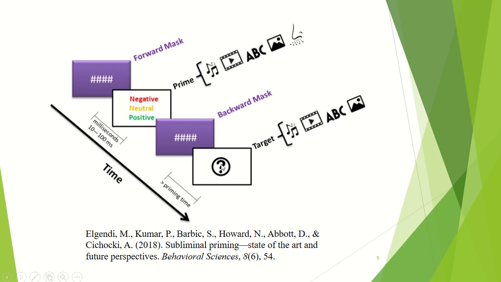So as you can see, this is the routine. So in mask priming, you have the hashtags on the screen for some time, and then for 10 to 100 milliseconds you have your prime stimulus, which can be in form of audio, words, image, whatever.